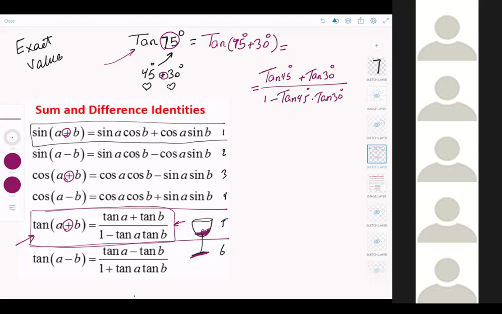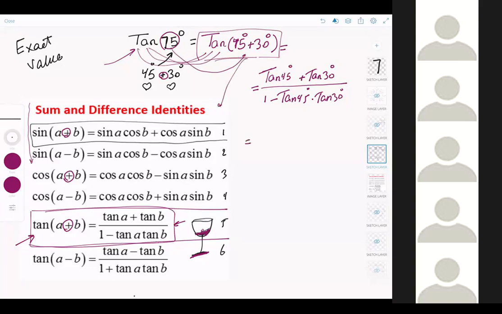You just need to know what formula to use. And if you don't have this page with you in the exam, I would be happy to provide the formula. So far, we picked this one. Nothing is wrong. Tangent 75 is 45 plus 30.